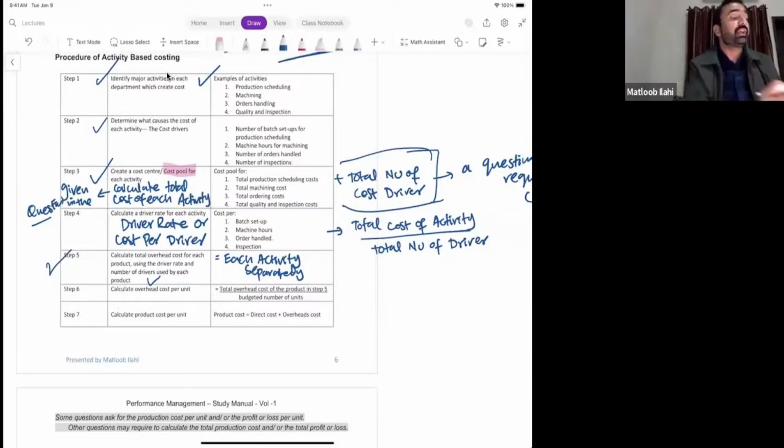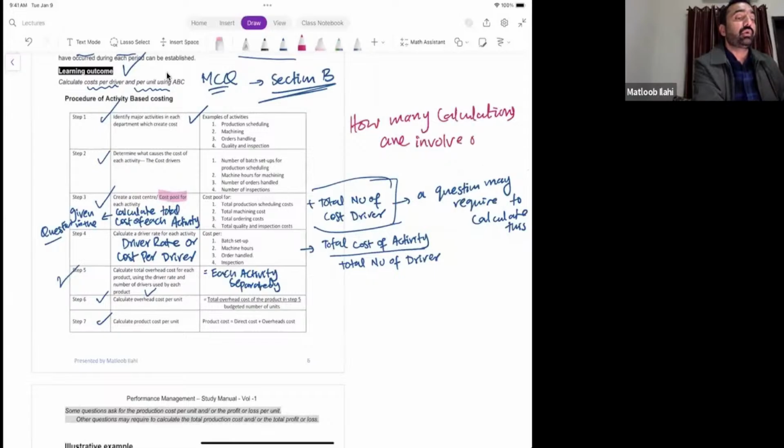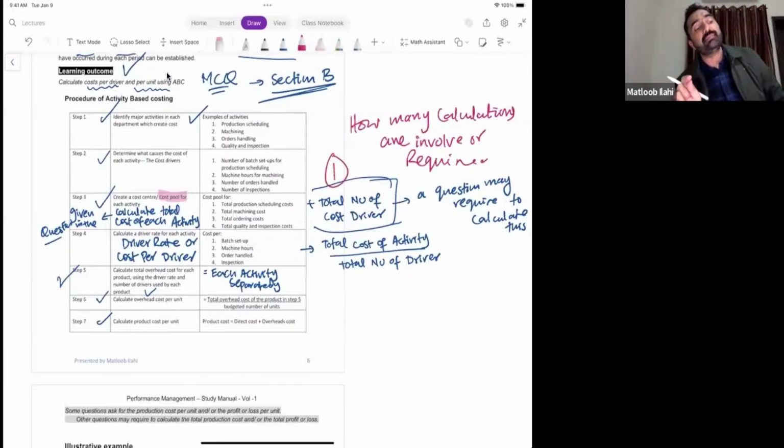So how many calculations are involved here? Guess how many calculations are involved or required? First of all, number 1: calculate the number of drivers. Sometimes given, sometimes you may need to calculate.